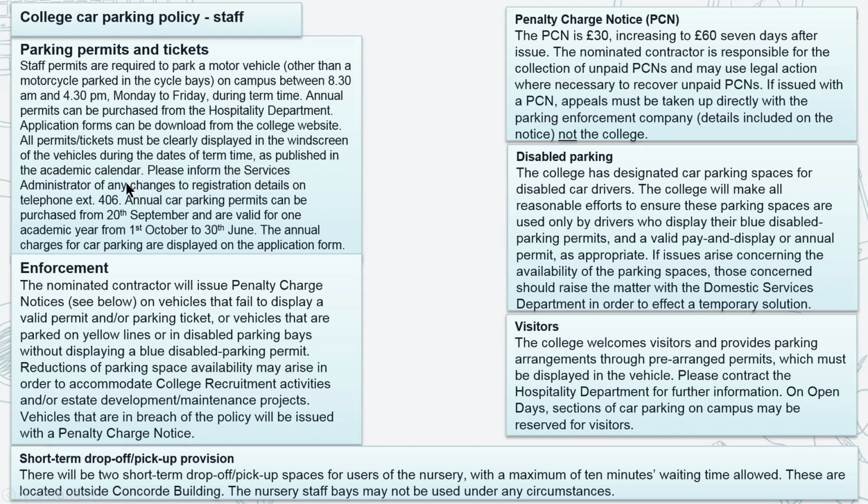No, I will keep moving my eyes. So I have dates here. Annual car parking permits can be purchased from the 20th September and are valid for 1 academic year from 1st October. So this is the date I want.